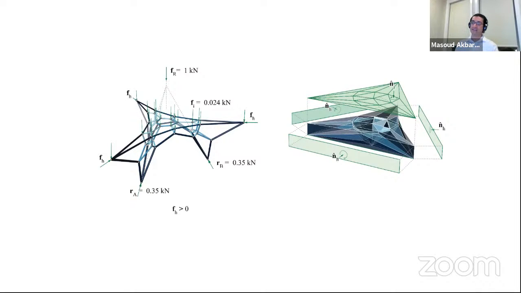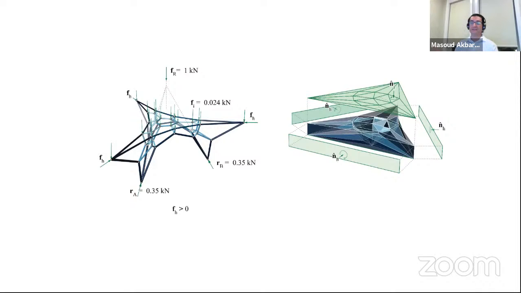But then the question is, okay, what am I going to do with those horizontal top forces? I need to provide them to keep the system in equilibrium. So you can explore this geometrically and see what would happen if you make those forces become 0. Those forces correspond to the areas of the side rectangles, the green rectangles, as you see.